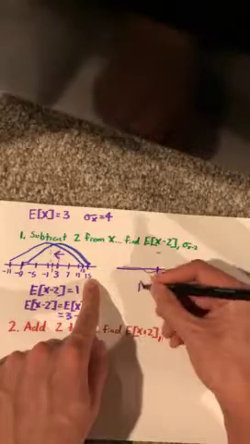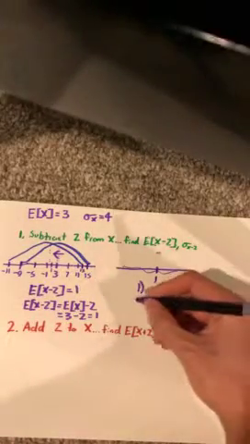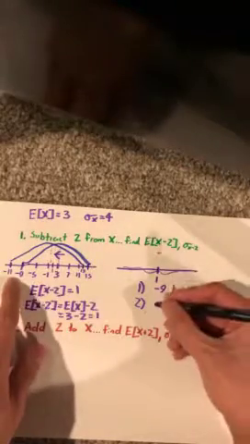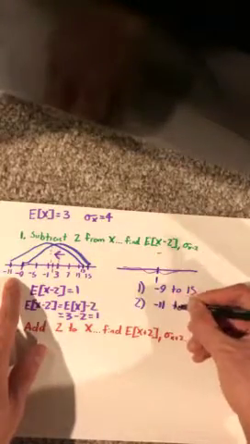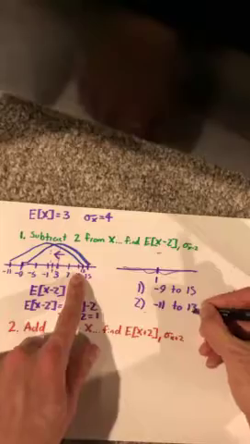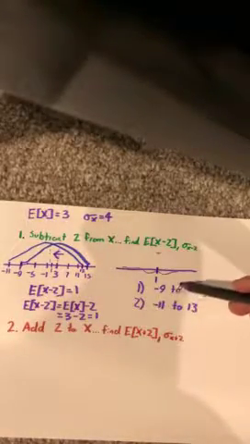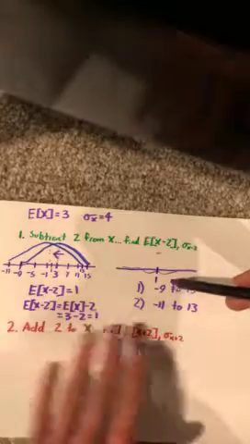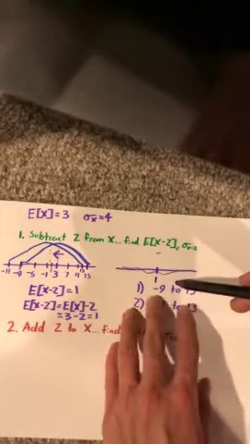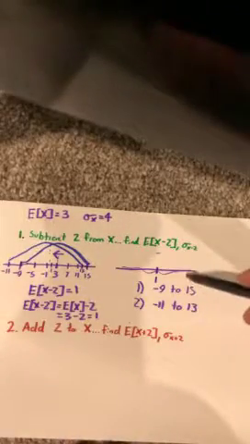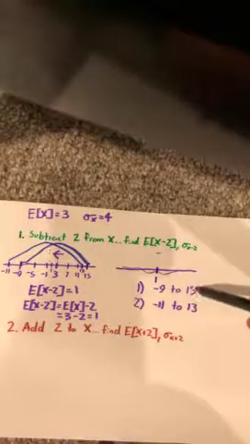Our second distribution, since we slid everything down 2, now ranges from -11 to 13. If you do some math, 15 minus -9 is 24, so the range of most of this distribution is 24.